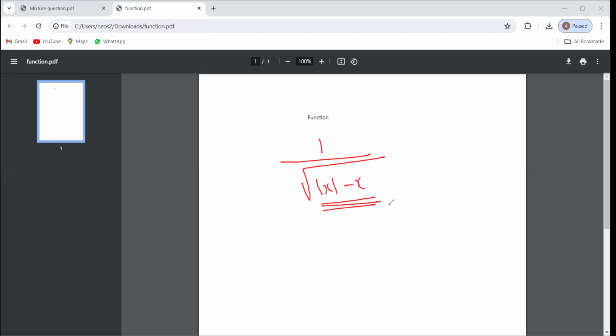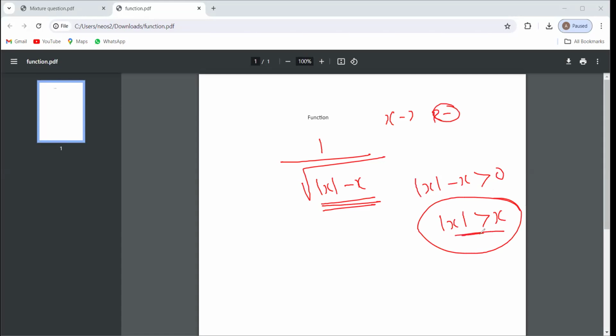This cannot be 0, and it has to be greater than 0. I'm not using greater than or equal to 0, because this cannot be 0 as well. So the condition is mod x should be greater than x. When is it possible? When x is a negative number; then only mod x will be greater than x.